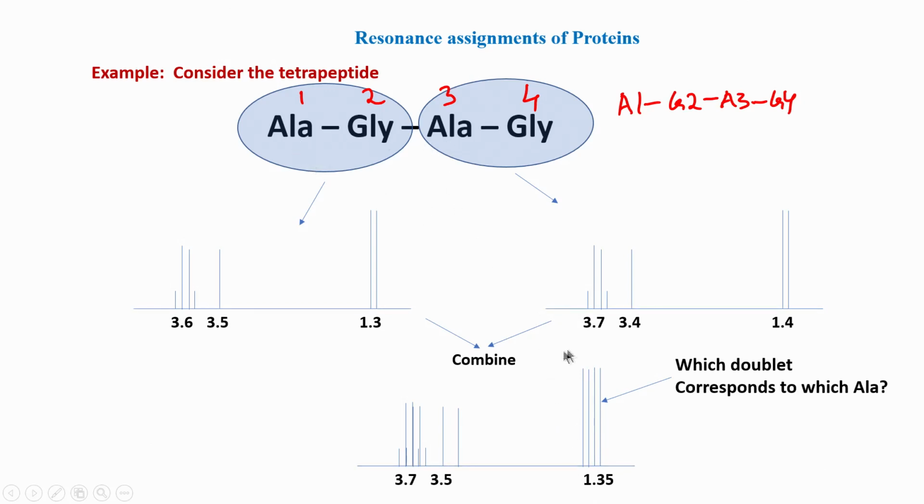Of course, I know there are alanines because I know the sequence and I can see alanine in my spectrum, but which peak is alanine number 1 or 3, that information is not there. You cannot extract it from here. Similarly, there are 2 glycines, and I do not know which is G2 or which is G4. Again, that information is not present in this 1D spectrum.